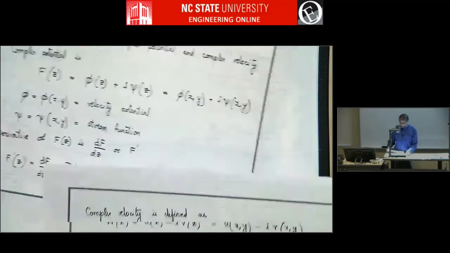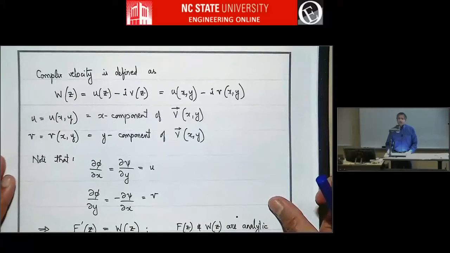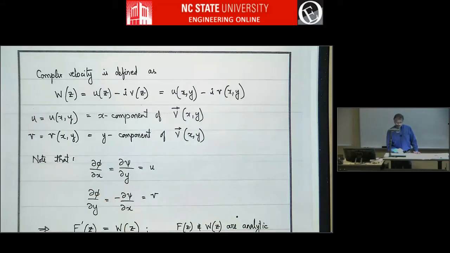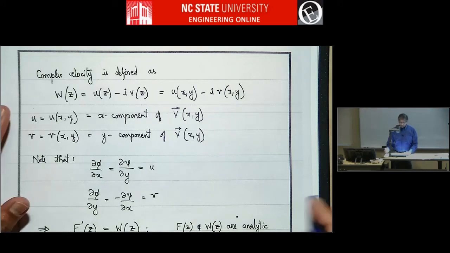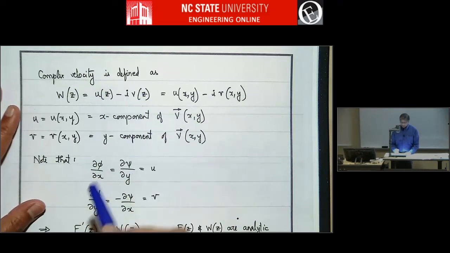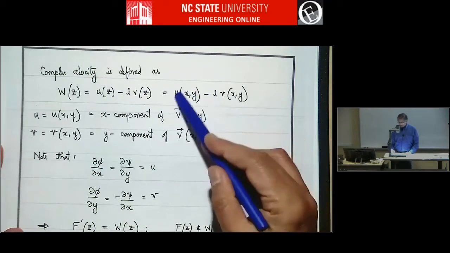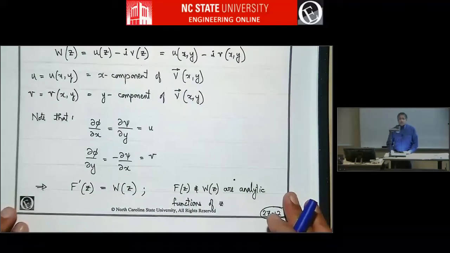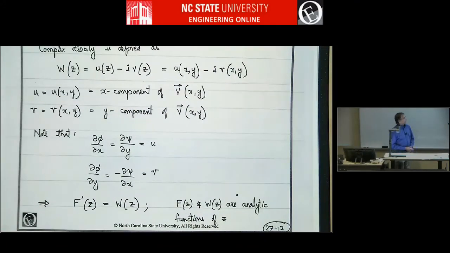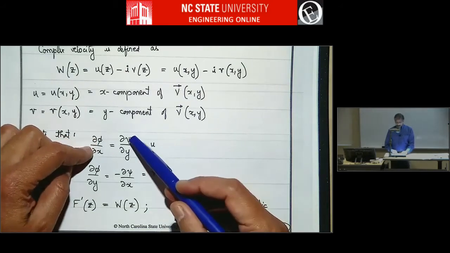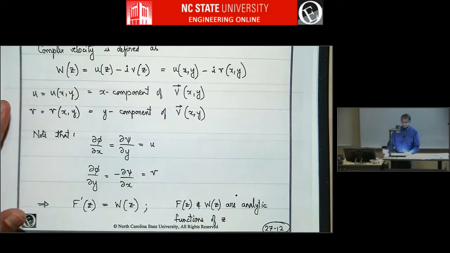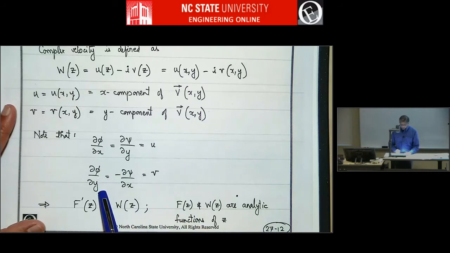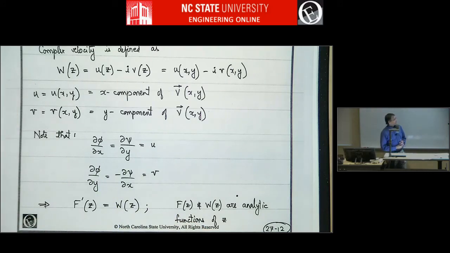So we can define the complex velocity as capital W. W is a function of z, and that's just u minus iv, where u and v are functions of z, or in other words, functions of x and y. This satisfies what we have known earlier, that u is d phi/dx, which is also d psi/dy, and v is d phi/dy, which is also minus d psi/dx.